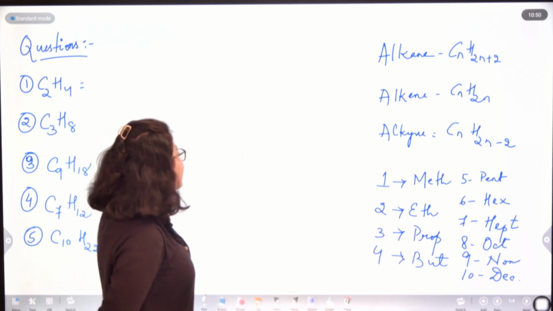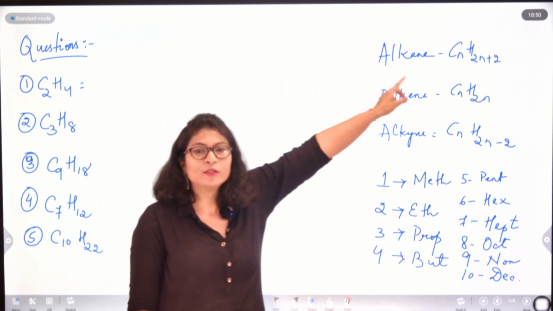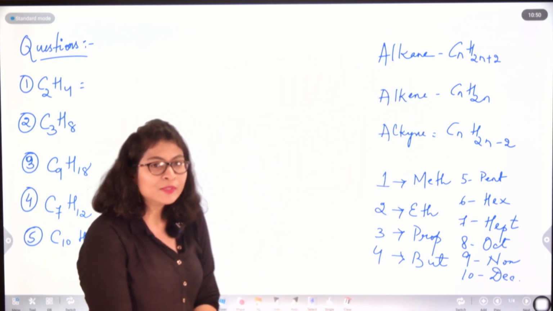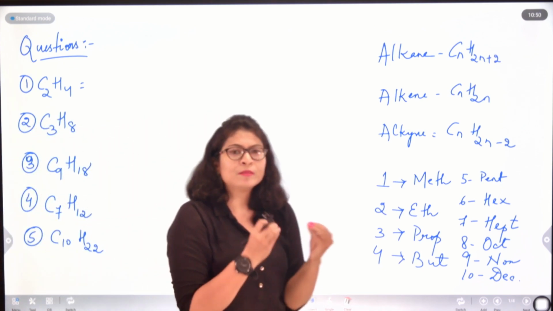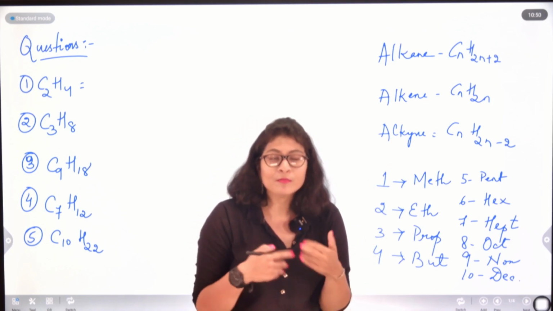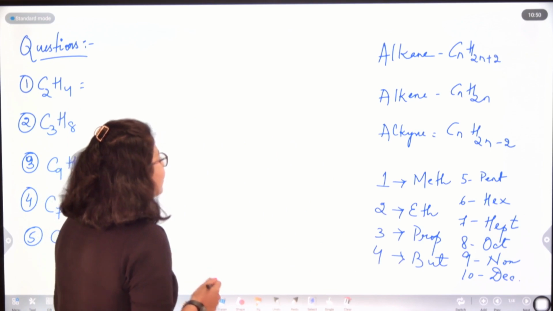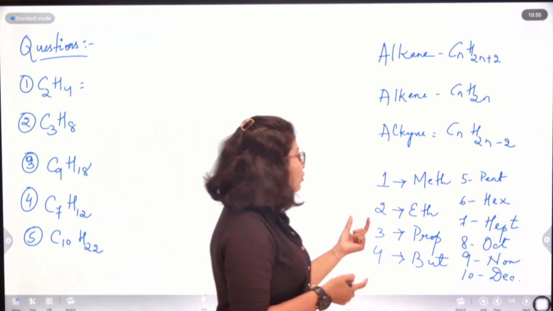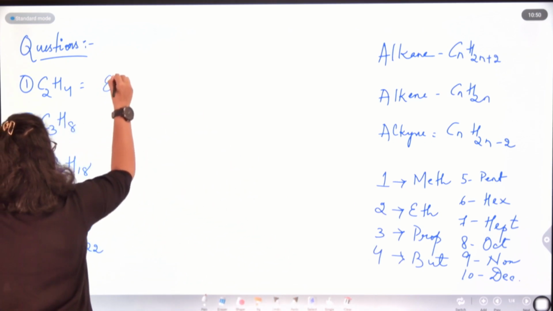So, in the first example, we have C2H4 and we already know that it belongs to the category of alkene. Now, how to name this? We don't have to write the entire expanded structure here. By seeing the general formula and the number of carbon atoms, we can come to the conclusion of its name, right? So, for C2H4, the number of carbon atoms is 2. So, the word root will be eth.